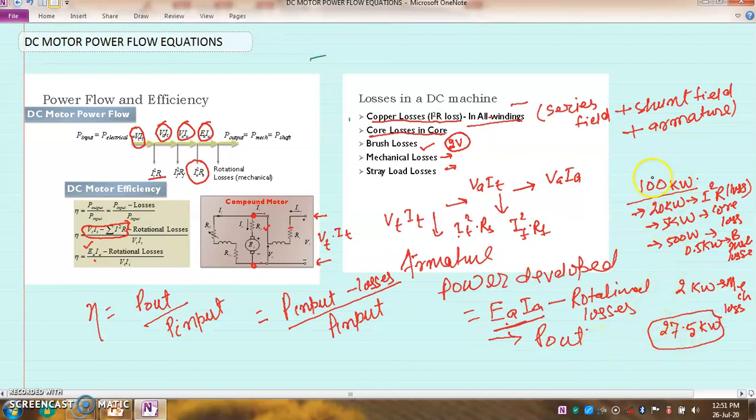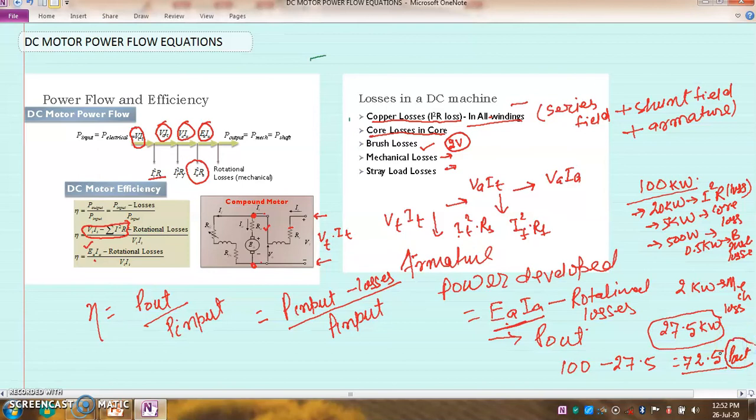If you subtract 27.5 from 100, how much do we get? 72.5 kilowatt output. This much output should come.